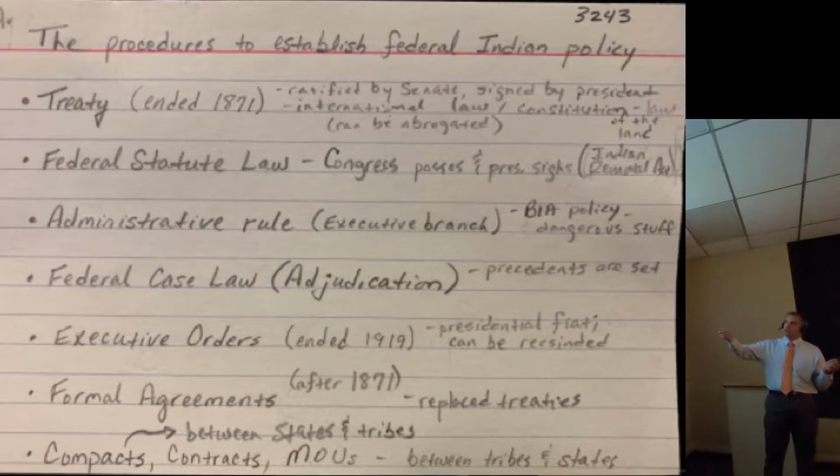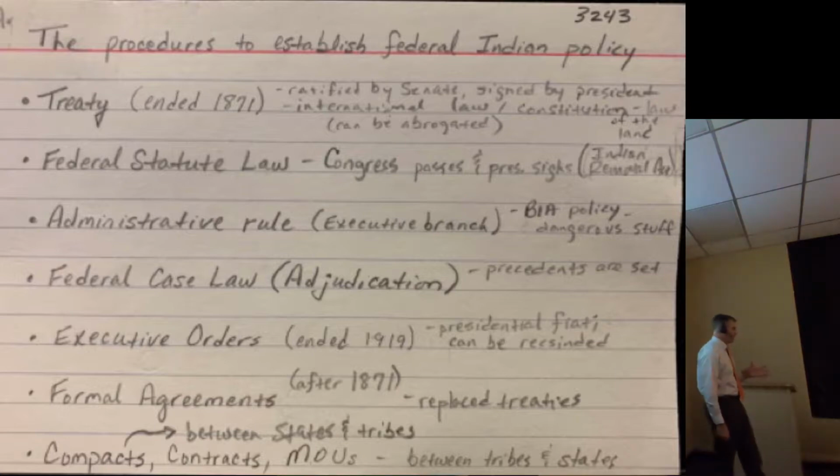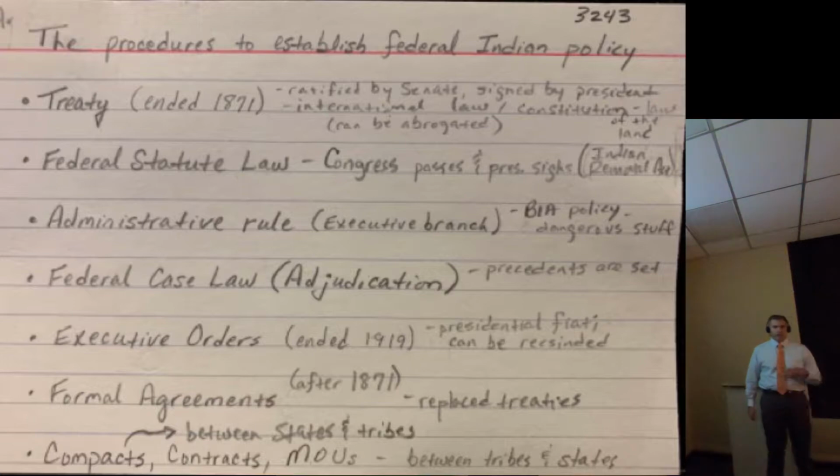So federal statute law is basically congressional acts, bills that are then signed by the president and become laws. And of course, those laws can be found to be unconstitutional, right? Later, they can be repealed. But that's the second, more obvious type of Indian policy.